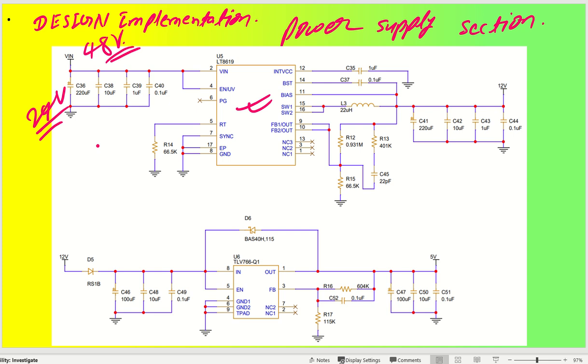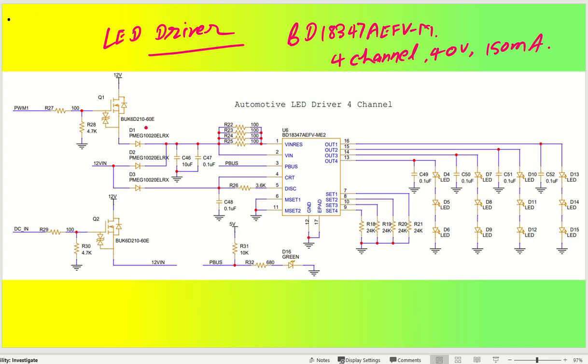From there we can get 12 volts through an automotive grade switching regulator, and from this 12 volts we can get 5 volts through a linear regulator. This 12 volt and 5 volt will supply the LED driver, and you will have the complete LED driver implementation with all the output channels and LEDs.